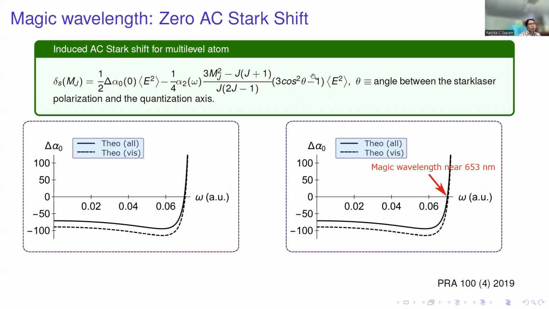There is a term proportional to 3 cos squared theta minus 1. Because this is a combination of two terms, we can make it zero by setting theta equal to 53.3 degrees. This is how we cancel the Stark shift, and this is how people find a magic wavelength in all the atomic transitions.